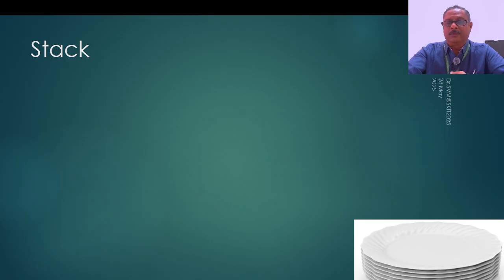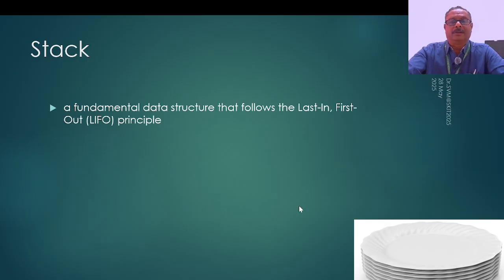And when we are removing, the first plate removed will be from the top. Therefore, the top was the one which was added last, and that is coming out first. This type of thing we call a last in, first out type of action.